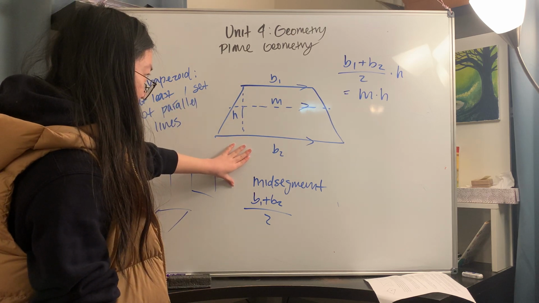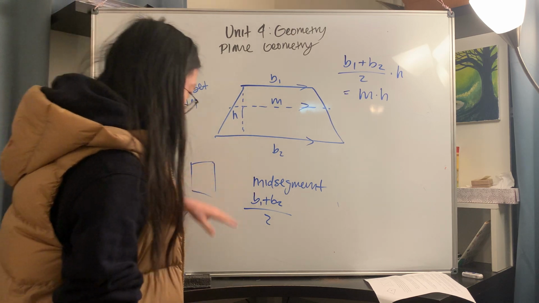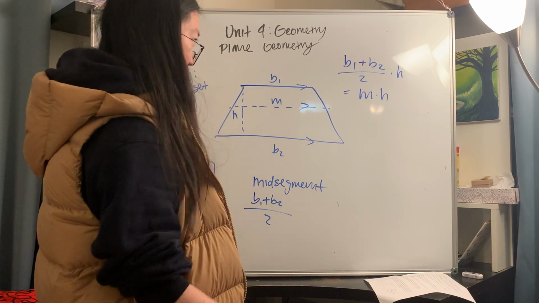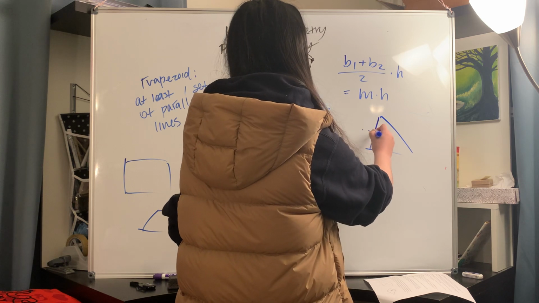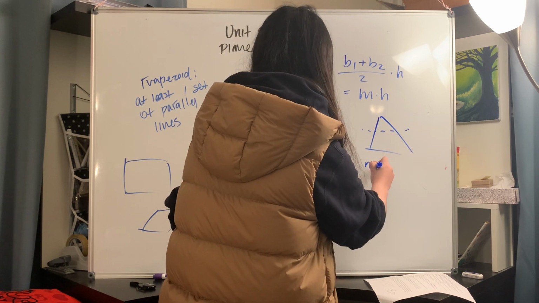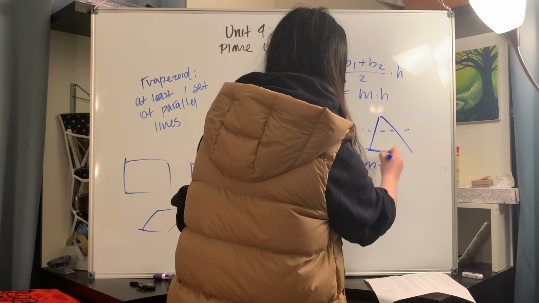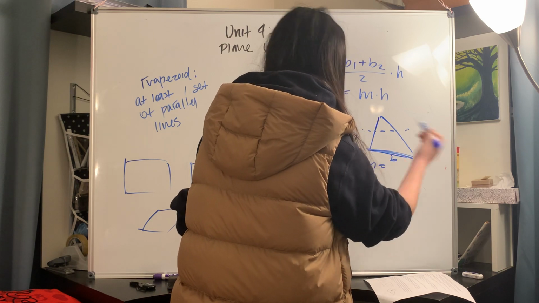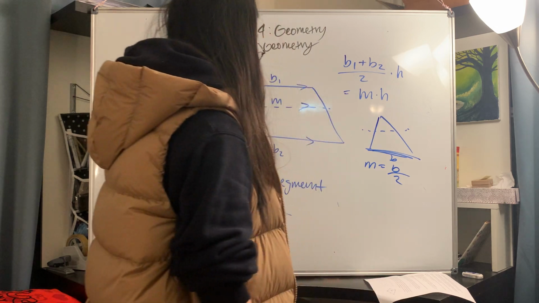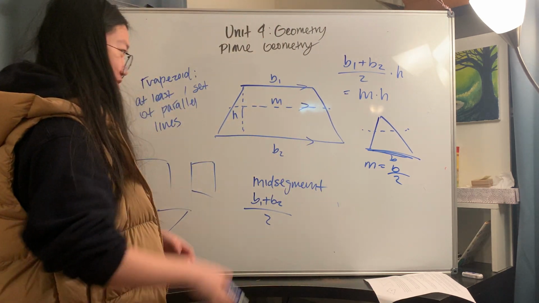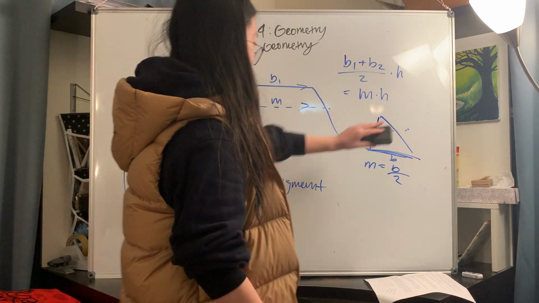I would also like to add that a triangle like this can also have a mid-segment, and its mid-segment is equal to the length of its base, it only has one of course, divided by 2. And I would encourage you guys to think further on why these things are true.